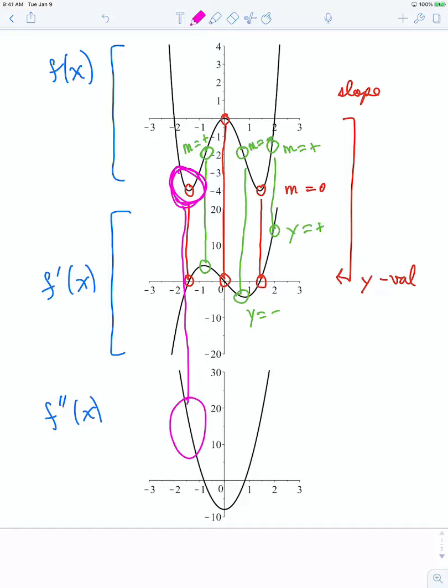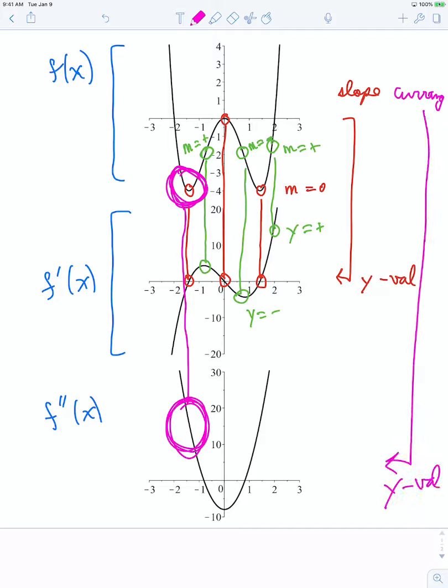So the original graph is curving up, and that corresponds to positive y values down at the bottom.